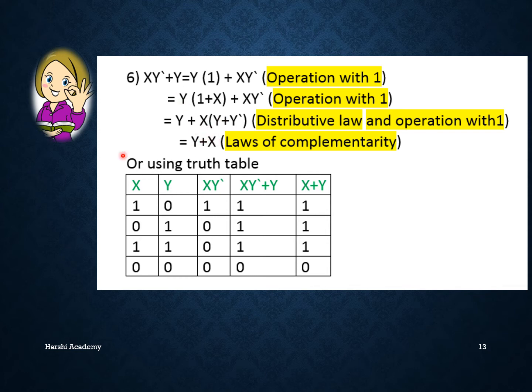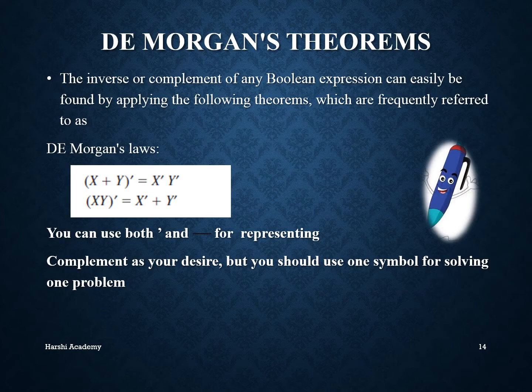Another way, we can use a truth table like this to verify our theorem. Now I teach you a very important theorem, De Morgan's theorem. The inverse or complement of any Boolean expression can easily be found by applying the following theorems, which are frequently referred to as De Morgan's law.